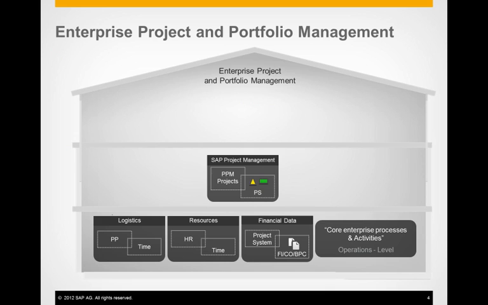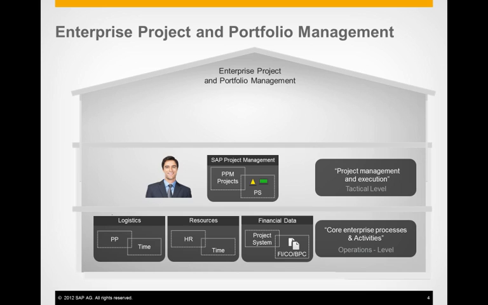So let me just kick off and set the scene here. Really at the bottom of the architecture depicted on this slide, and this is the foundation, if you like, for enterprise projects and portfolio management. At the bottom of this architecture, the foundation layer and operational layer is core ERP, so your SAP Business Suite that holds all of the master data and the master transactions that drive a lot of your business processes.